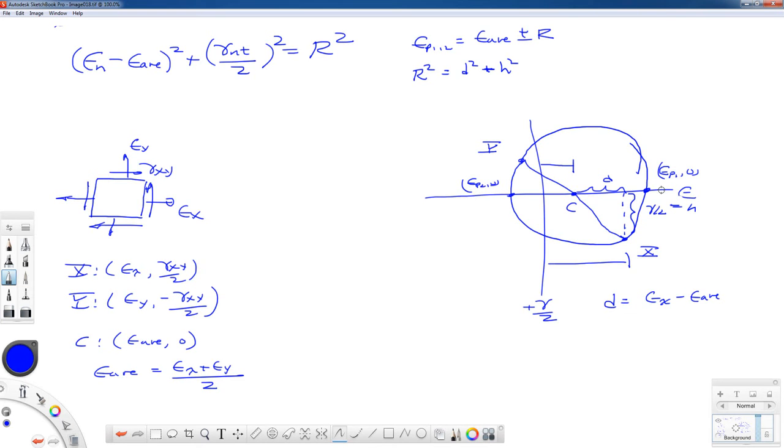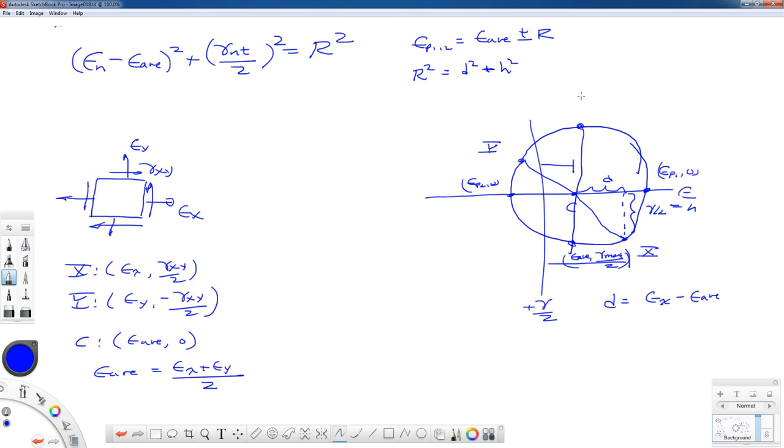If we want to find our maximum in-plane shearing strain, we can drop a vertical line through the center. Down on the bottom, this would be the point epsilon average, comma gamma max in plane divided by 2.